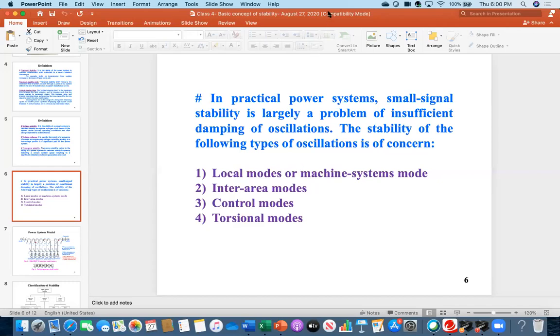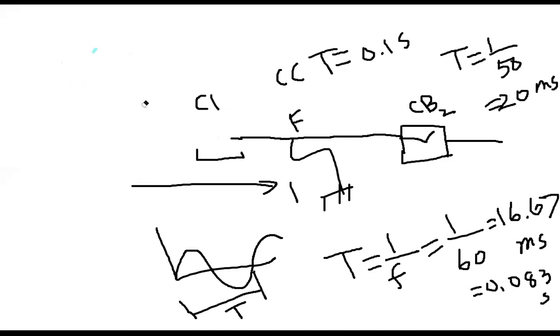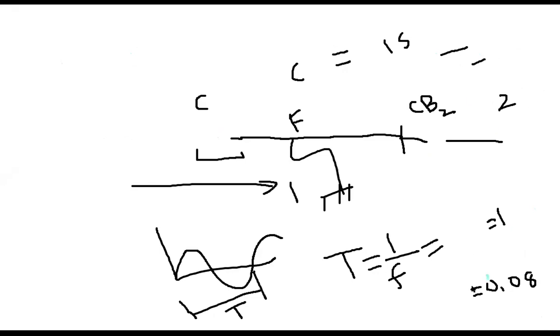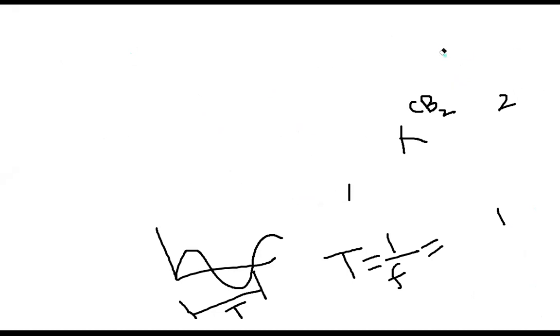So once again, let me take you to that whiteboard. Let me erase all of these things. So, for example, there is one generator here.